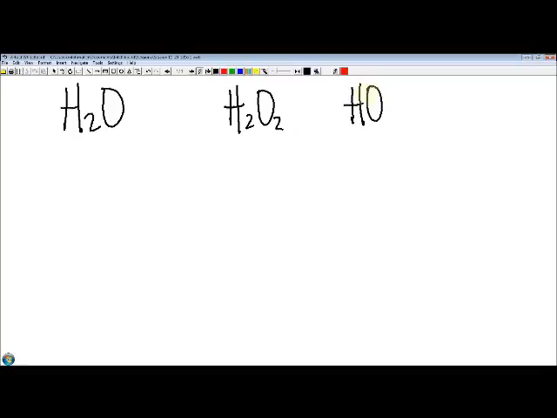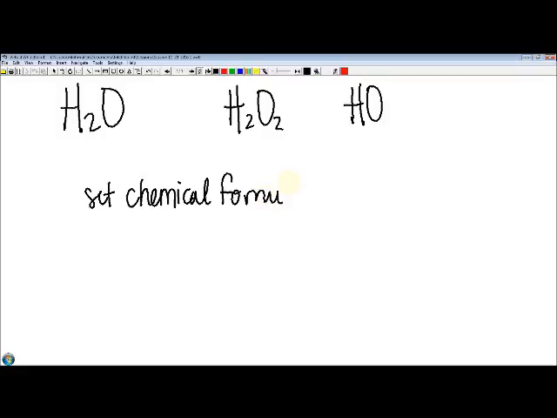So the definite proportions basically says that you have set chemical formulas for each compound.